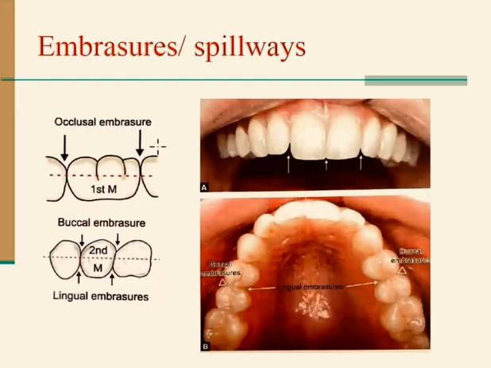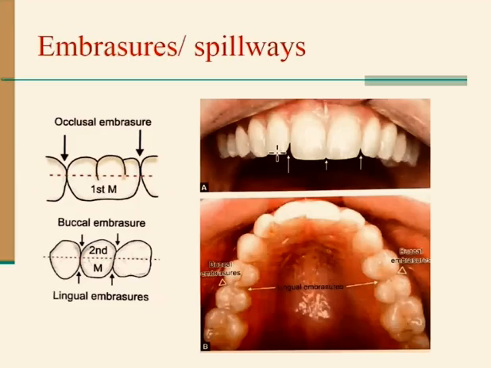Now we move to what we call an embrasure or a spillway. Spillway means a way to escape. Okay, the embrasures are not cervical to the contact area, it's anything that is occlusal or incisal to the contact area. So when we have two adjacent teeth in the same dental arch, we will have a contact curvature that is V-shaped also. This V-shaped space is called the embrasure or the spillway.